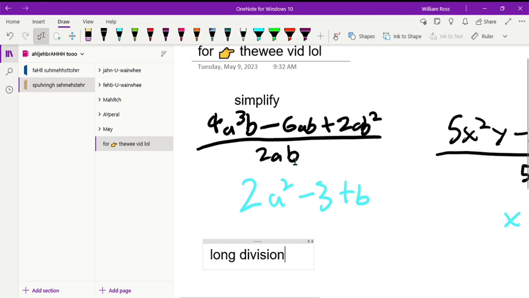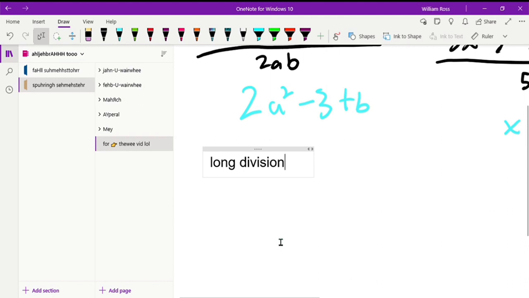I don't know how to be specific on that because I can't say, oh, if they're the same variables, you can do this. That's not always the case here, and you will see why. So let's move on to long division.